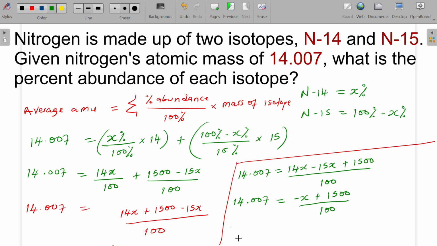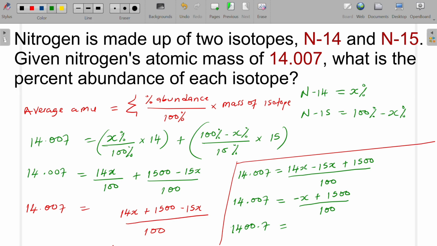When we reach this point, what we are going to do is cross multiply. It implies the 100 is multiplying by 14.007. And when we do that, on the left side, we'll have 1400.7.